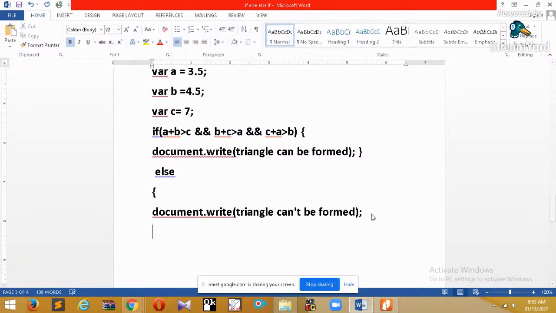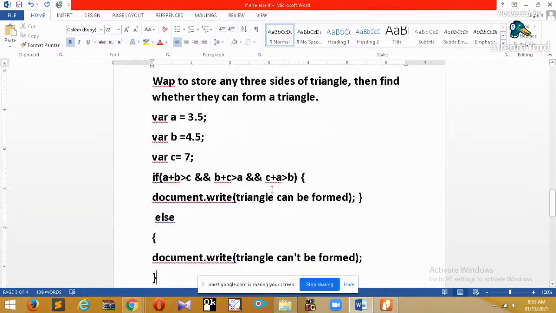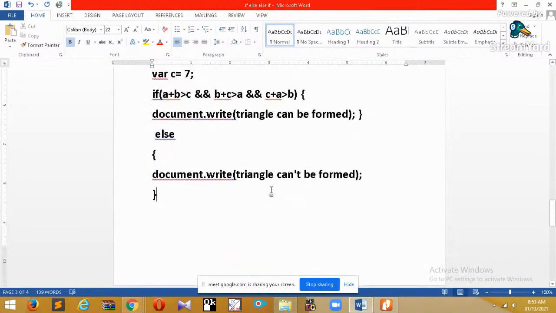So this is the general solution for this type of question: we have to store three sides, then find whether they can form a triangle. So these were a few examples of if else statement.